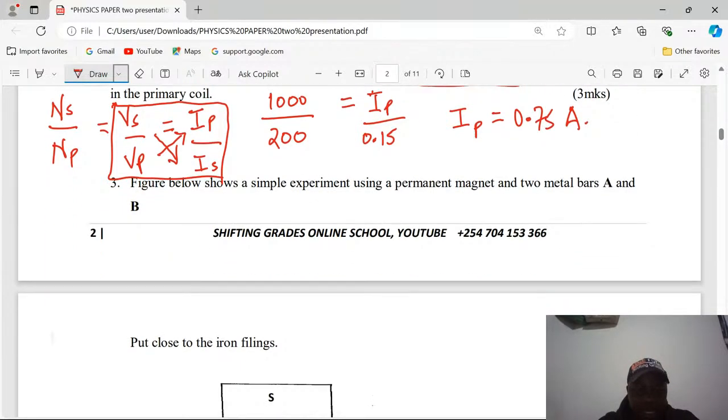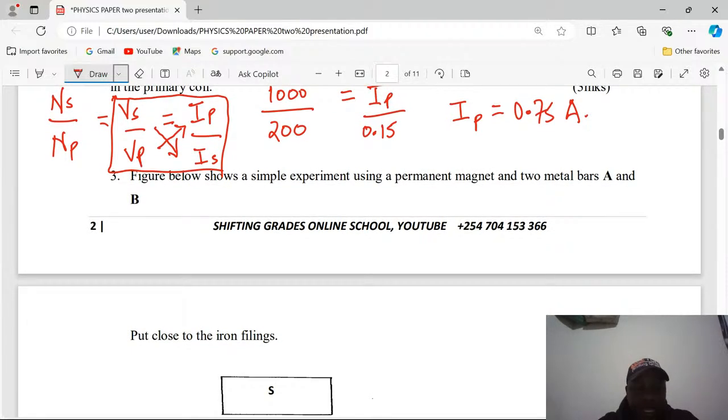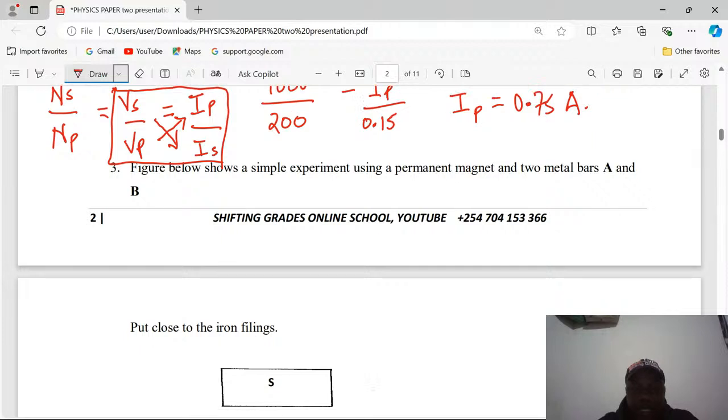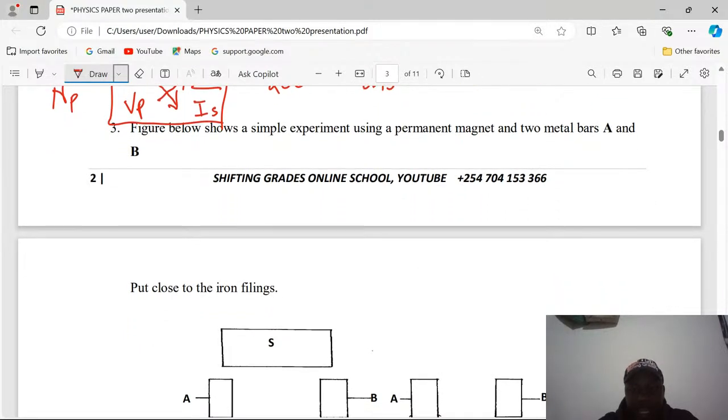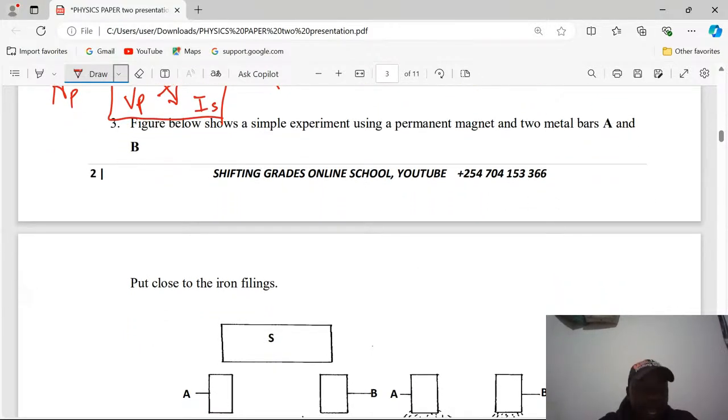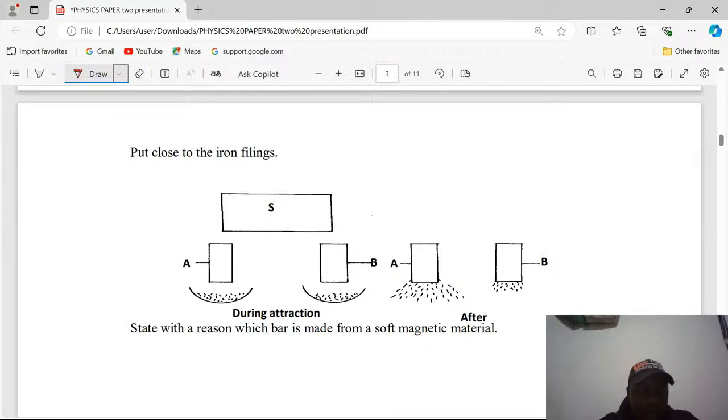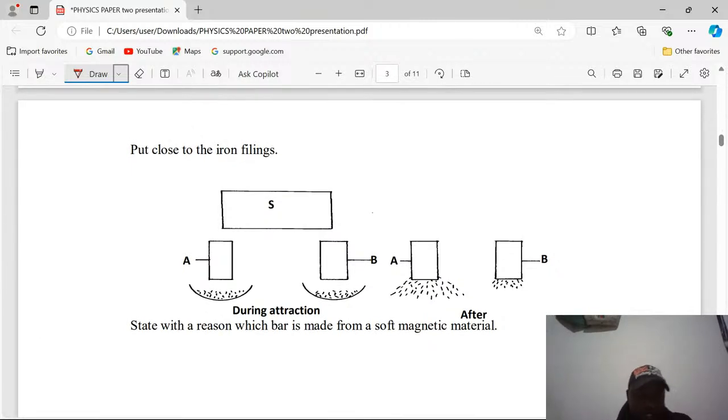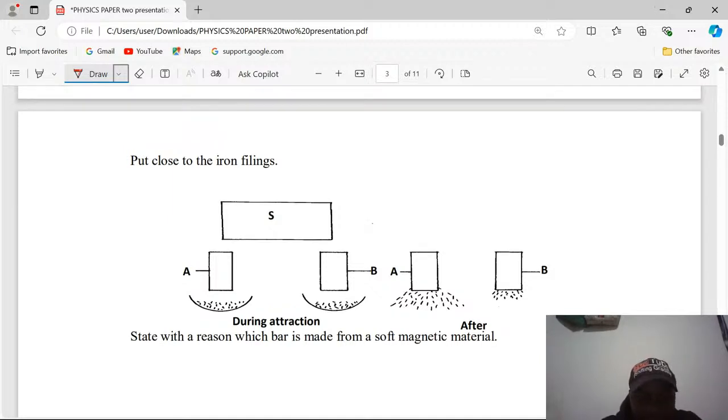Number 3. The question says that the figure below shows a simple experiment using a permanent magnet and two metal bars, A and B, put close to iron filings.